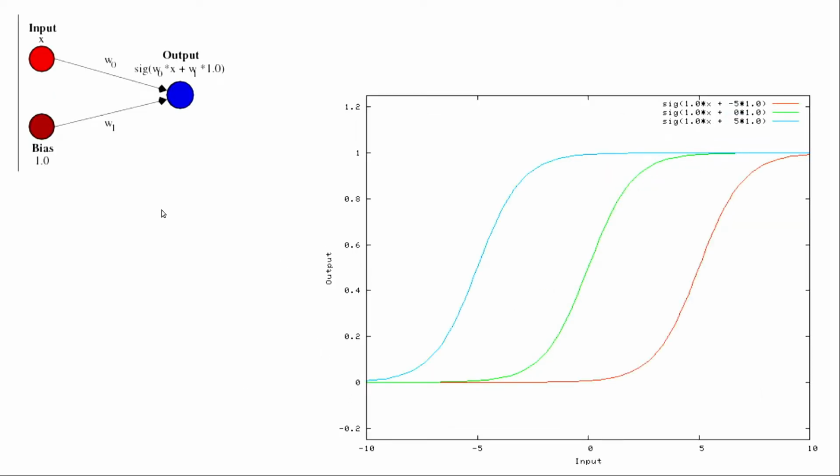So in this situation, I am adding a bias term with a value of 1. In that case, the output of the network becomes the weighted sum of these two factors. That is, the output will be w0 times x plus w1 times 1, and I supply the whole weighted sum to the sigmoid function, and that's my output.